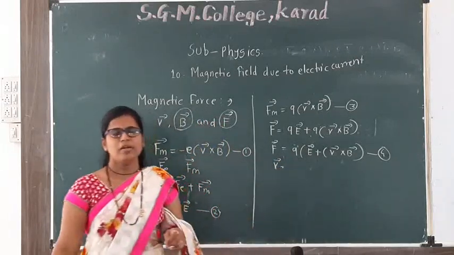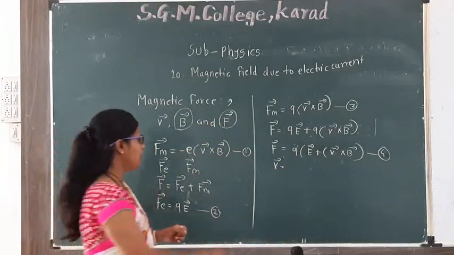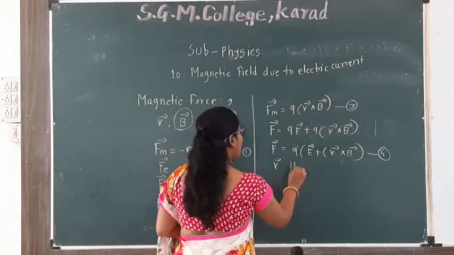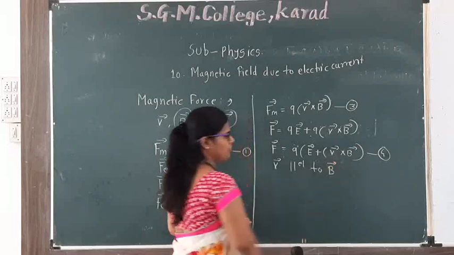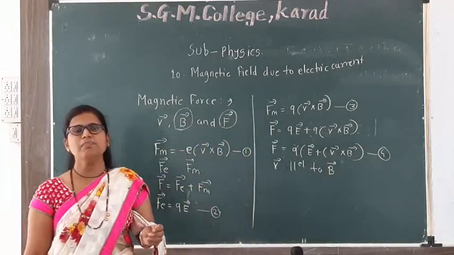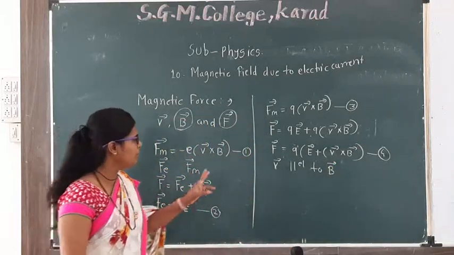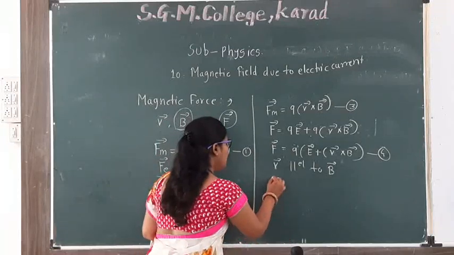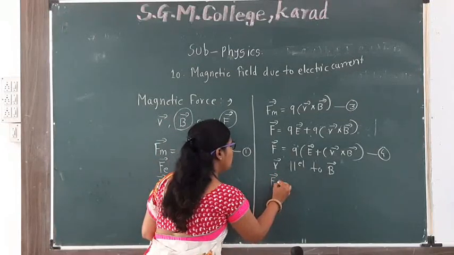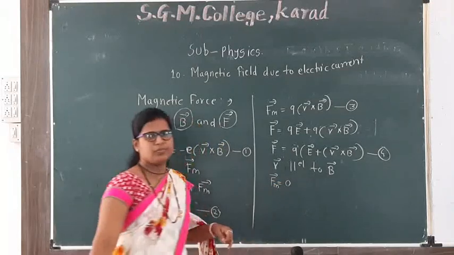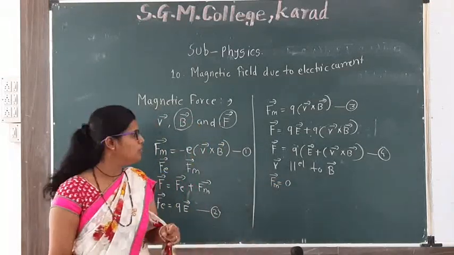If the velocity of the charged particle is parallel to the magnetic field, then the magnetic force is equal to 0.